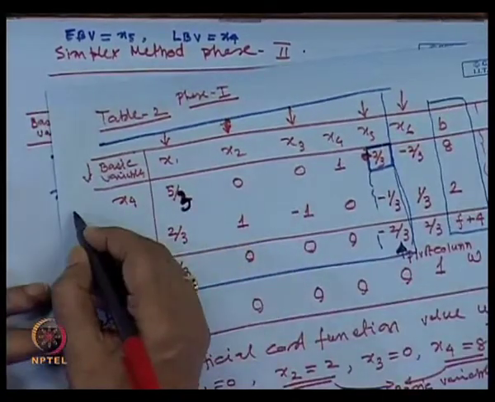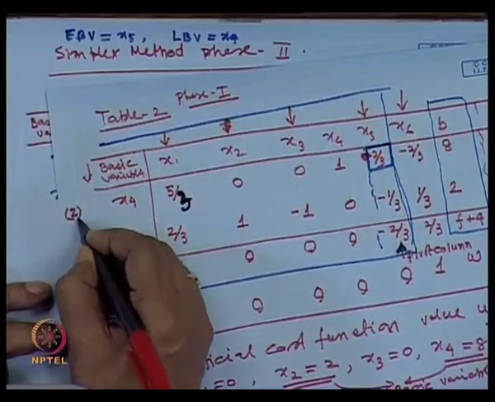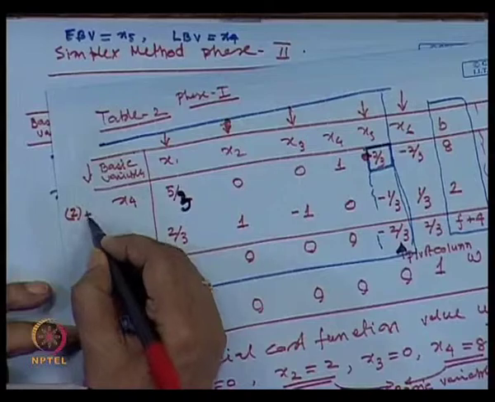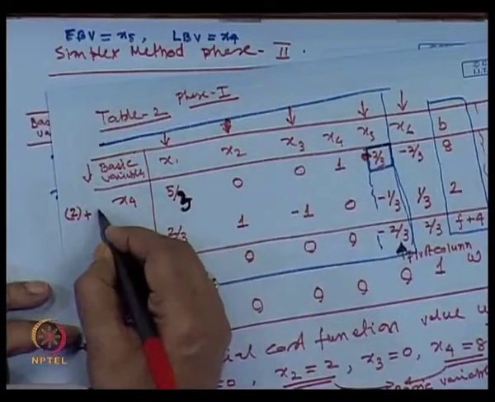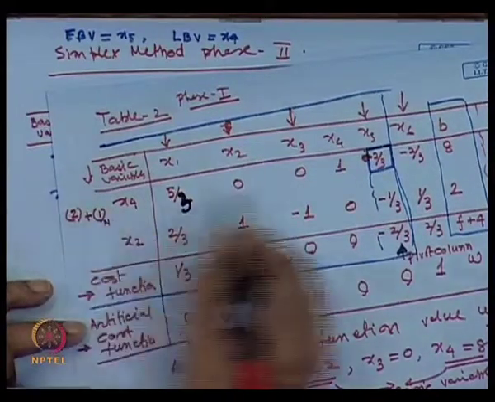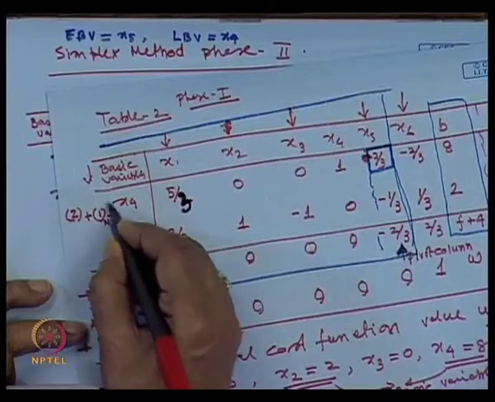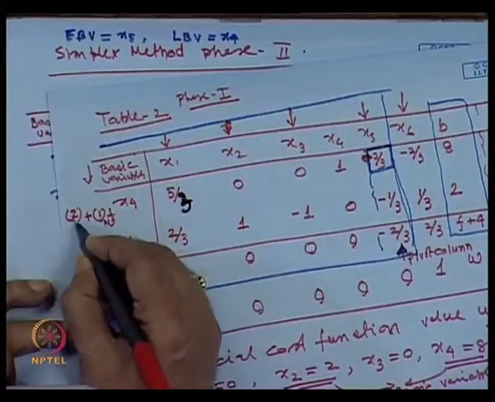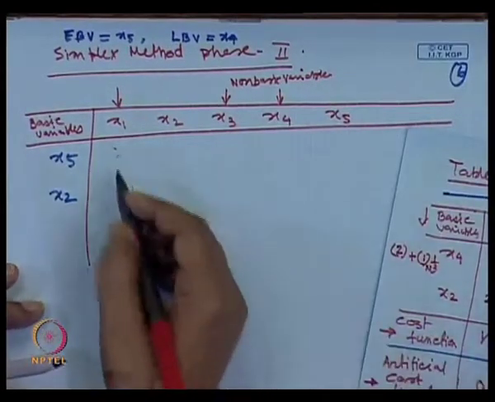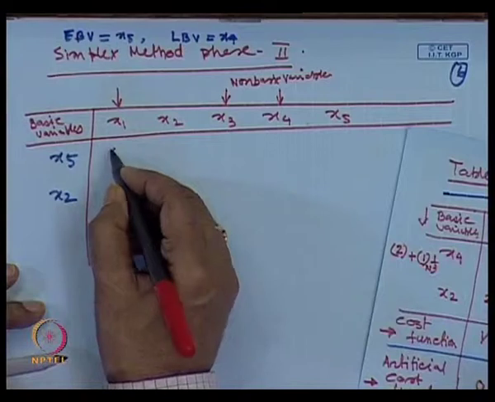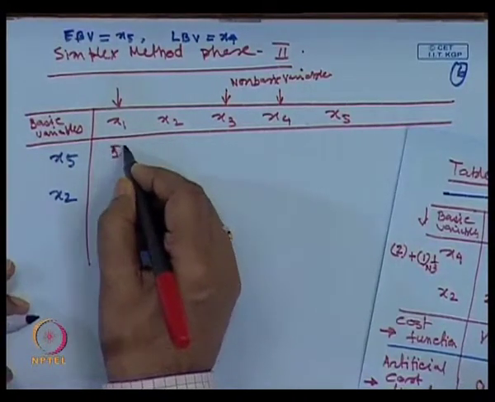So I am writing here: equation 2 plus equation 1, which you normalized by 2 by 3, then multiplied by 1 by 3. Whatever you get, add it to equation number 2. If you do this, first you have to normalize, and that will give you 5 by 2.